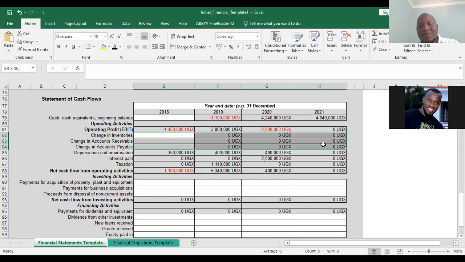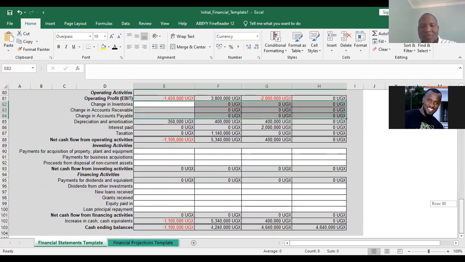Now, this template does not offer some things like changes in inventories, change in accounts receivable, changes in accounts payable, depreciation and amortization. But if you normally work with auditors or accountants, usually they give you a complete statement. So the assumption is you have some of these things. If you do that, you should be able to have your financial statements.